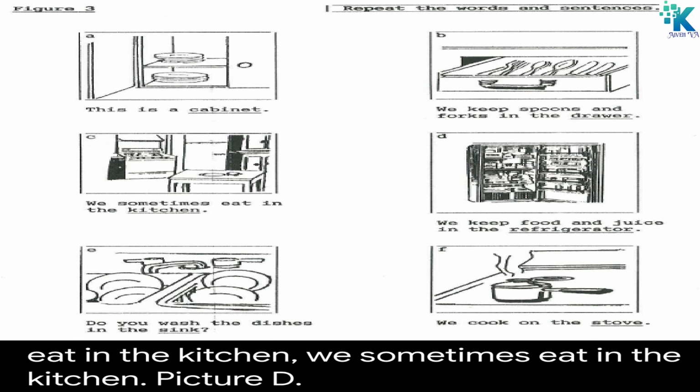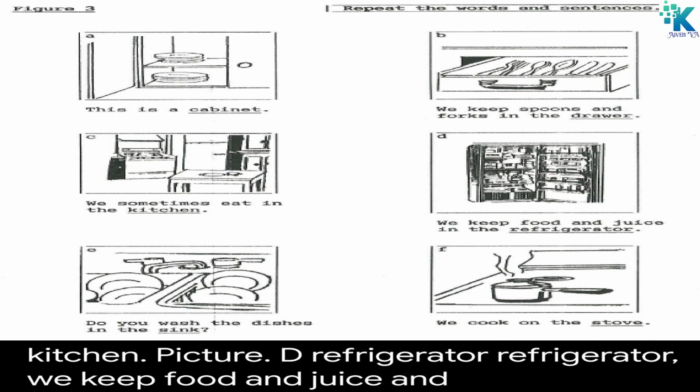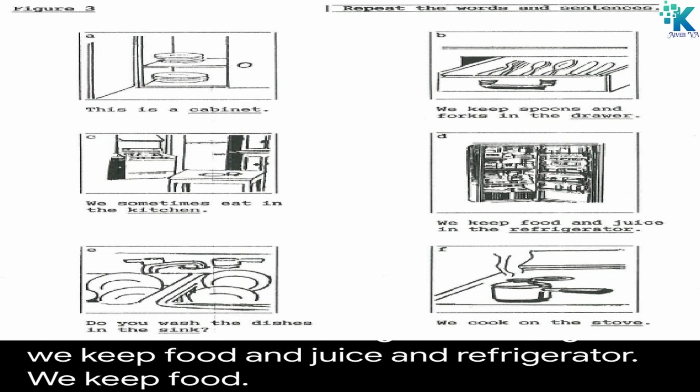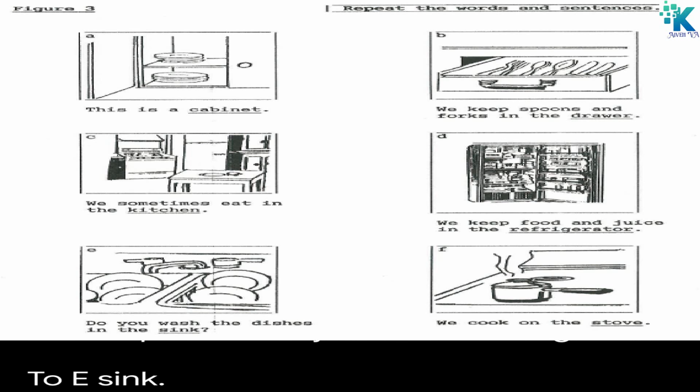Picture D. Refrigerator. We keep food and juice in the refrigerator. We keep food and juice in the refrigerator. Picture E. Sink.